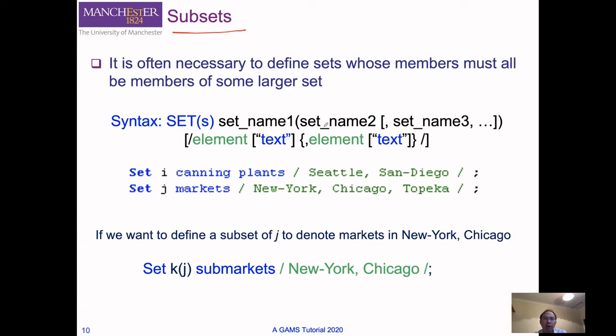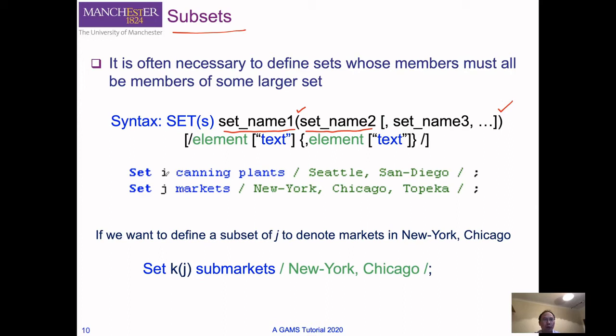The only difference is that after we provide the name of the subset, we need to use two brackets. In the brackets, we need to provide the set name that was defined previously to tell GAMS which previously defined set the elements of this subset belong to.